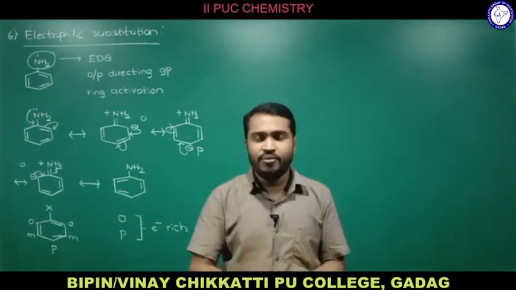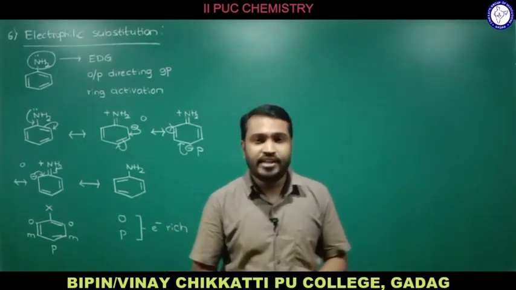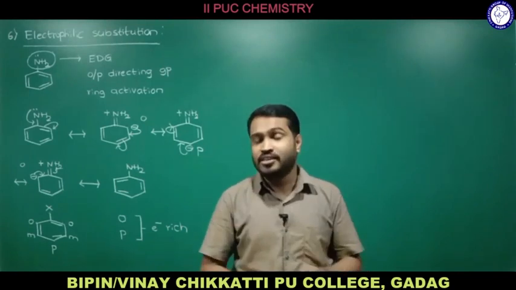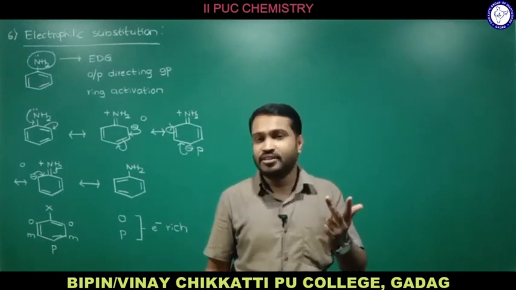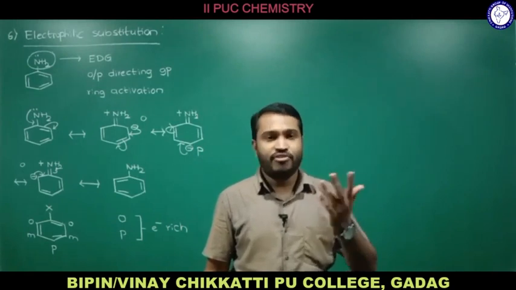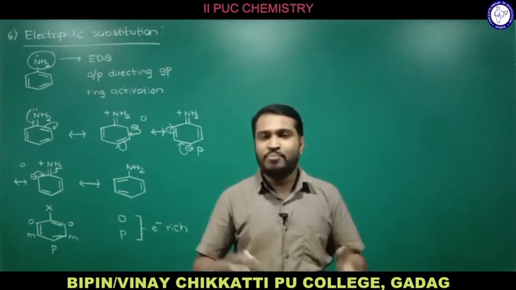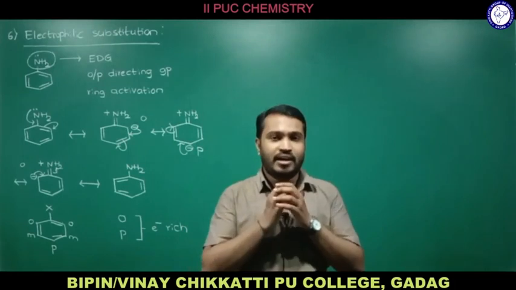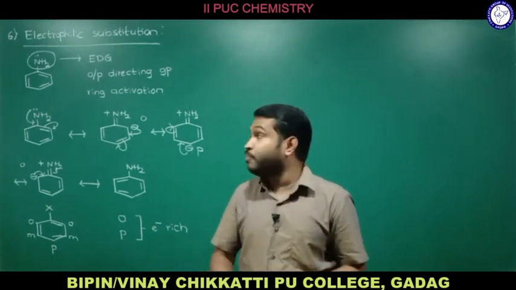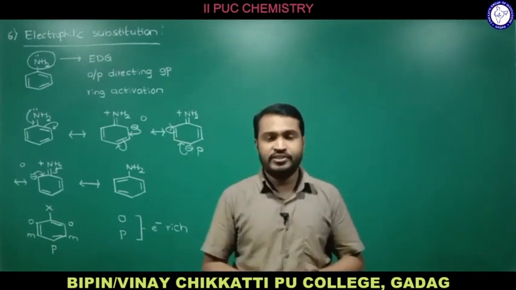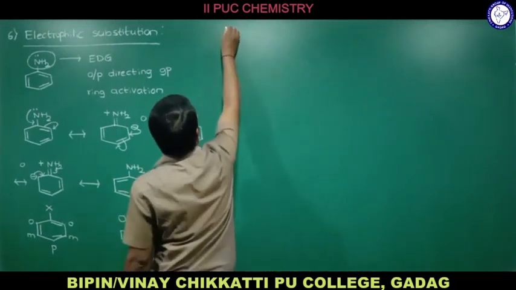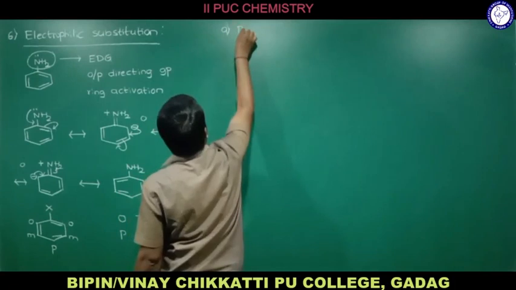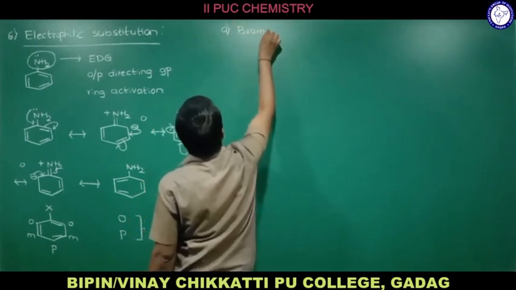And the well-known electrophilic substitution reactions are halogenation, nitration, sulfonation, Friedel-Crafts alkylation, Friedel-Crafts acylation. We'll see one by one how the aromatic amines, in particular aniline, are going to be considered in these electrophilic substitution reactions. The first one I am going to consider is halogenation. In that I am going to consider bromination.